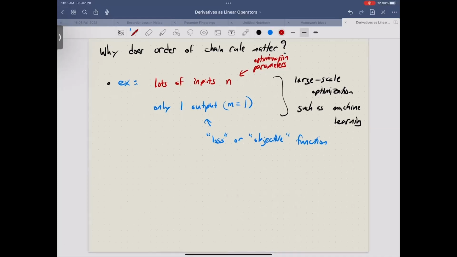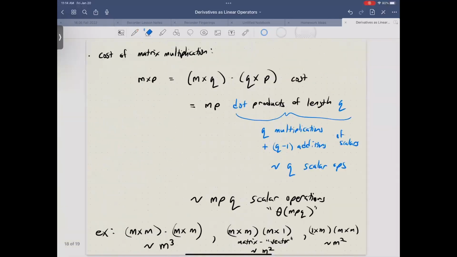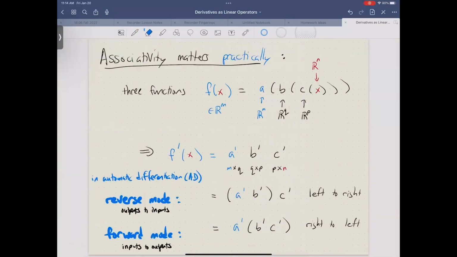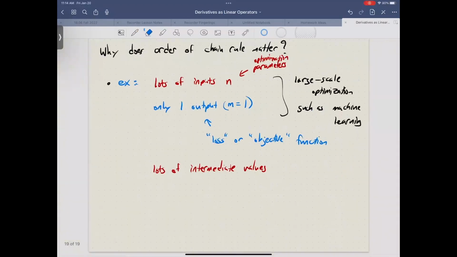And let's also suppose we have lots of intermediate values. What was I calling those? Q and P. Suppose those are comparable to N. This also happens in a neural network.